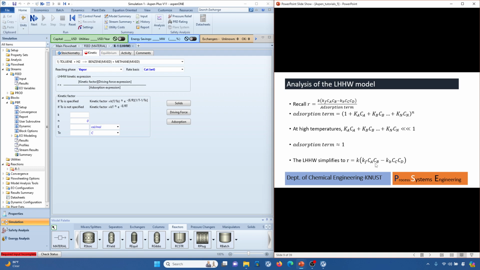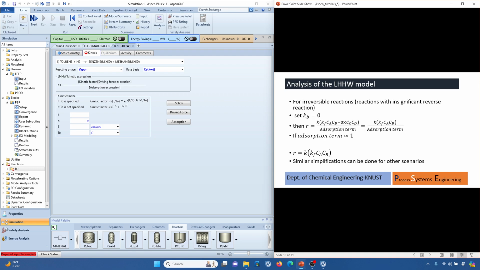In a case where you have an irreversible reaction, or if the backward reaction is insignificant, then the second term in the driving force part of the expression goes away, leaving us with this form. And if, as in our first case, the adsorption term goes to unity, then it simplifies further to this form.